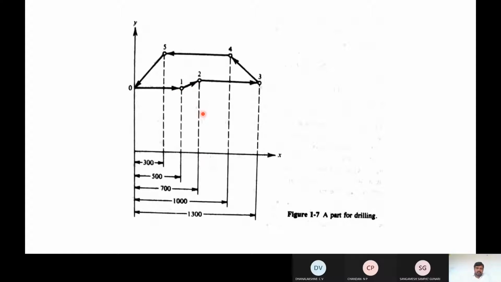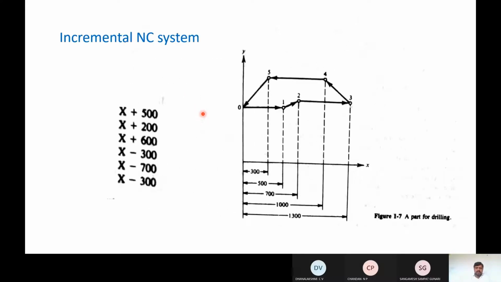Now suppose you employ incremental programming. In case of incremental programming, initially you start from the origin, that is 0. You will first go for drilling hole number 1. Since it is drilling, you are moving the XY table.